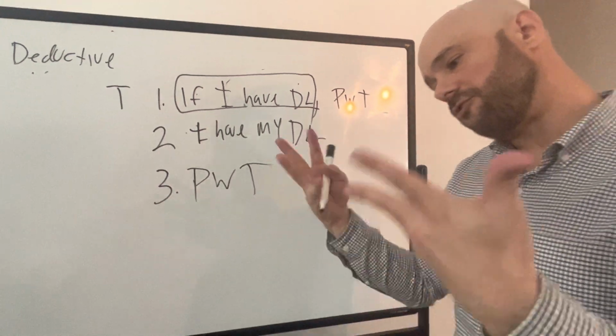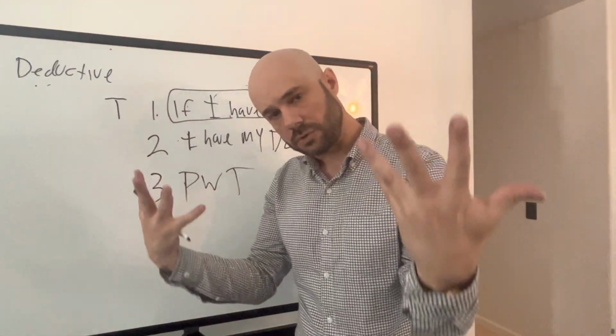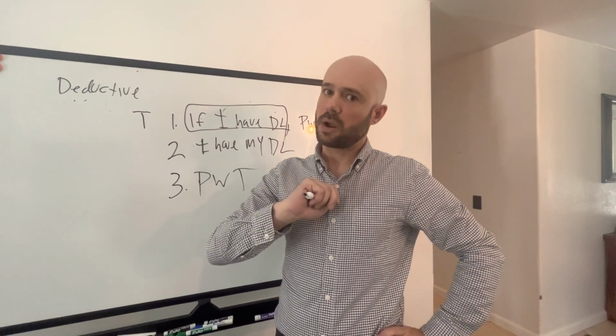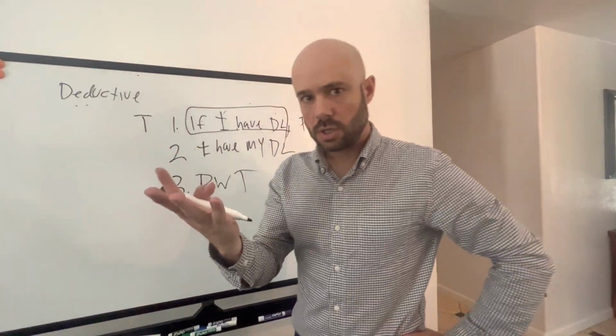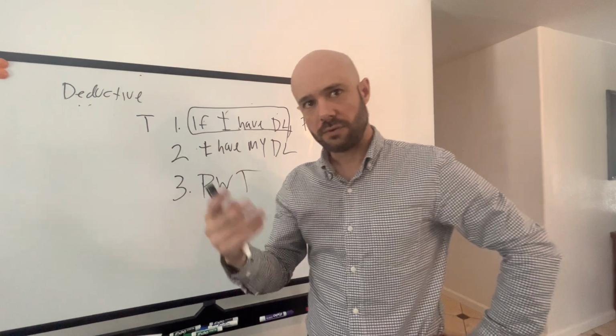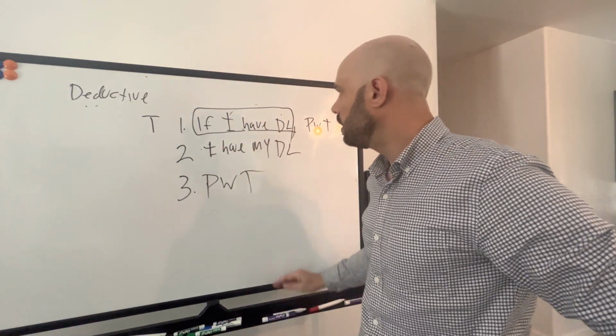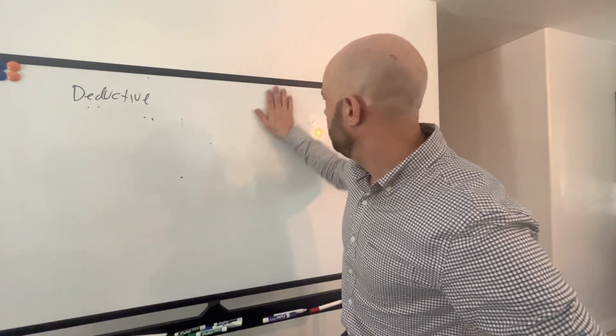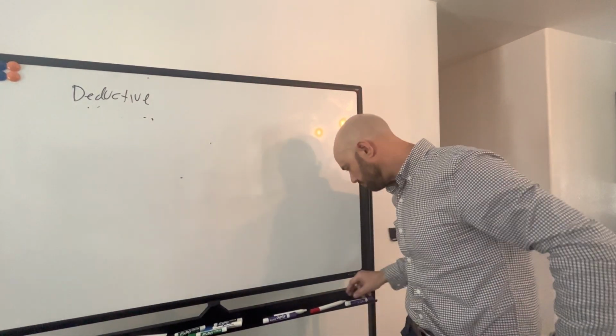When an argument is valid, the conclusion emerges from the premises. Just like when jigsaw puzzle pieces are put together properly, the image emerges from those pieces.